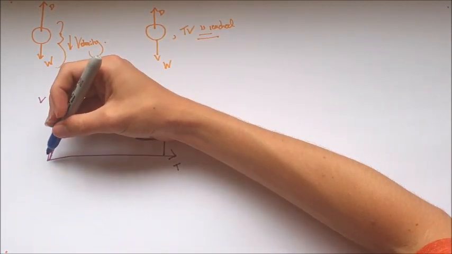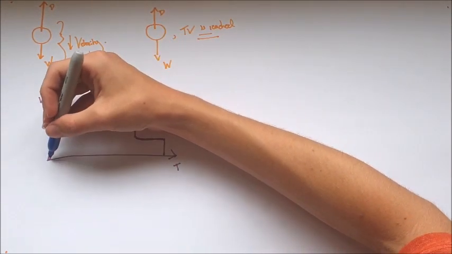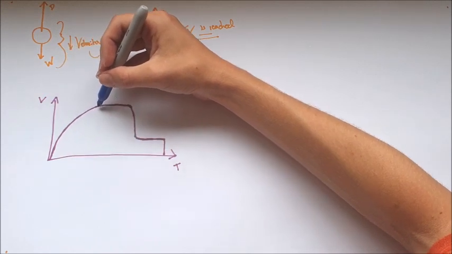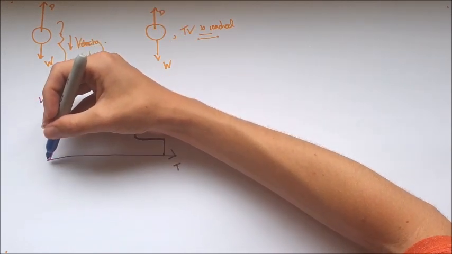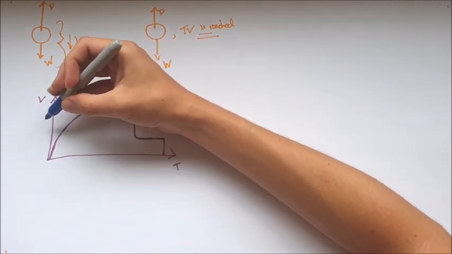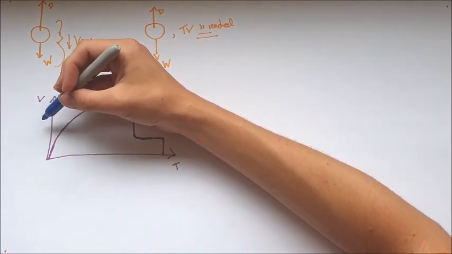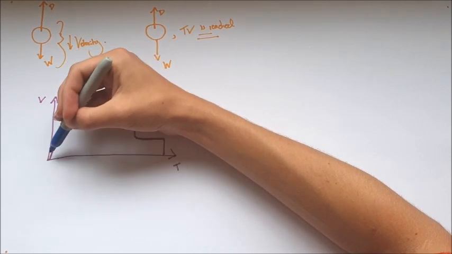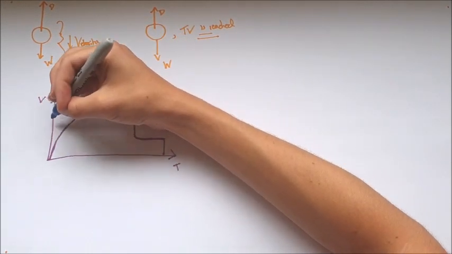This bit here is where the air resistance is increasing, this flattening curve. That's where air resistance is increasing, and therefore the acceleration is decreasing.